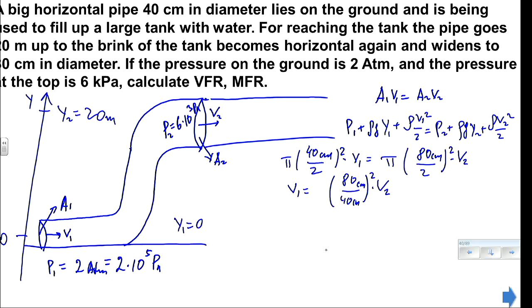And we can see centimeters and centimeters canceled as well. 80 over 40 is 2. 2 squared is 4. That gives immediately the relationship between the speeds. Unfortunately, it doesn't give the speeds. But we have a second equation, which means we have to use it.